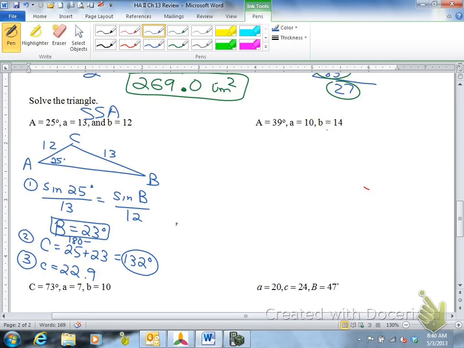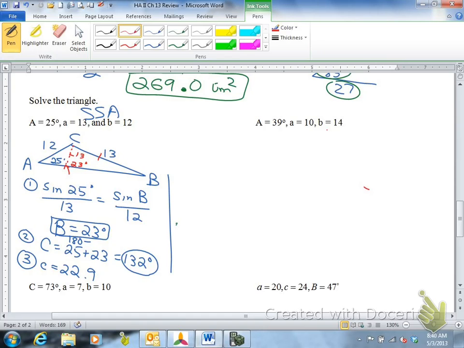We could have a second solution. Maybe. How do you check to see if there's a second solution? So my diagram's not going to be really helpful, but we'll say these are congruent. We'll just say they're both 13. So if they're both 13, this is isosceles, so this angle B would be 23 degrees.